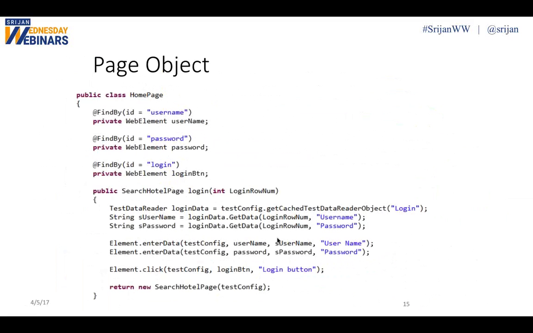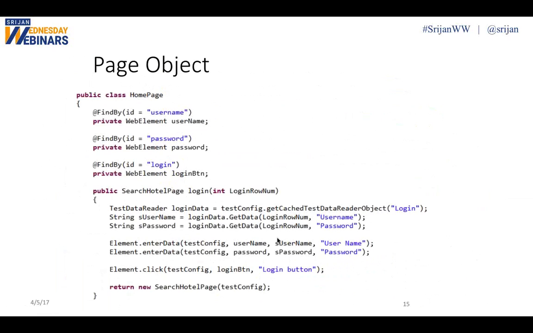In the page object layer, for each and every page of your application, you create a class. So let's say you have a home page in your application, so you create a home page class.